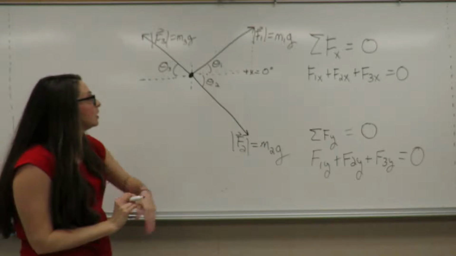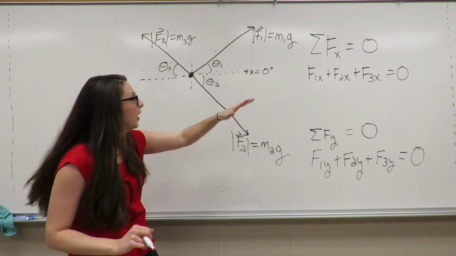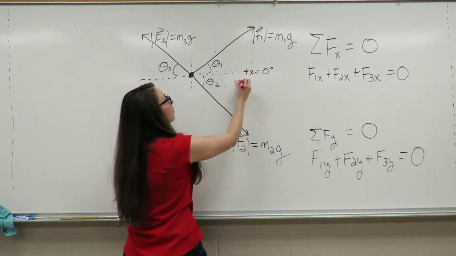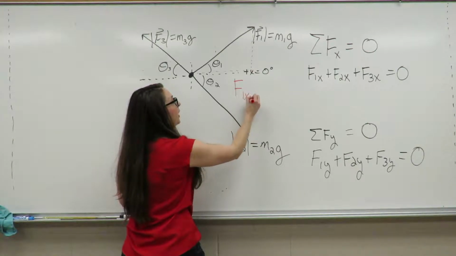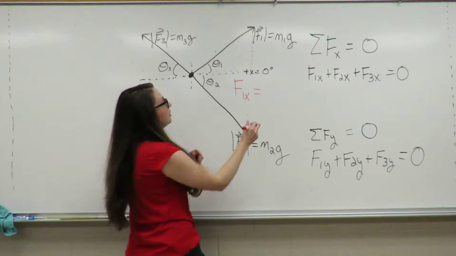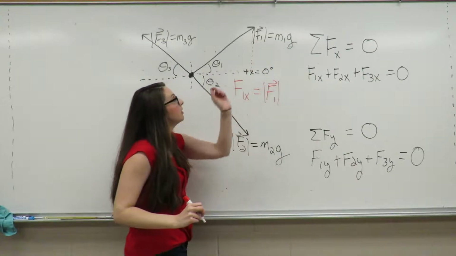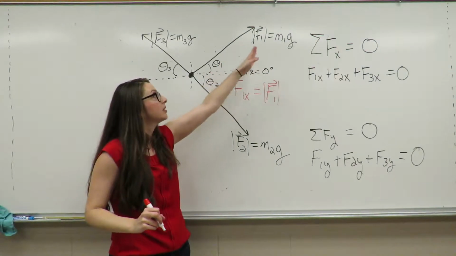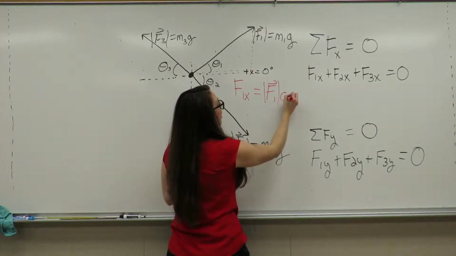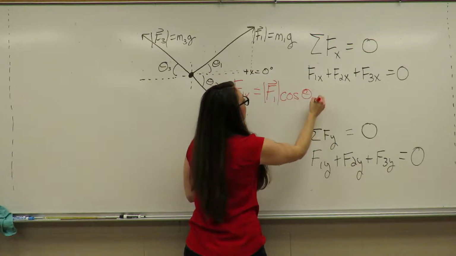Okay? So I'm going to write the x and the y components of F1 right here. The x component of F1, I'm going to call F1x, is going to equal the magnitude of F1, that's the mass for this first force times gravity, multiplied by cosine theta 1.